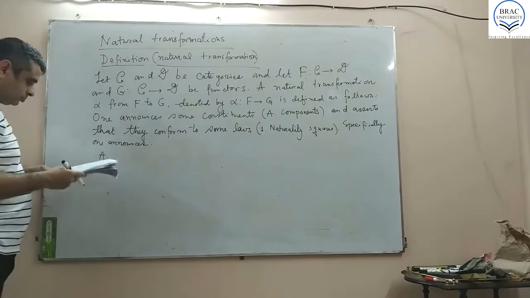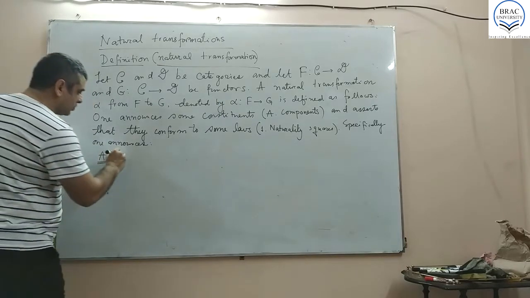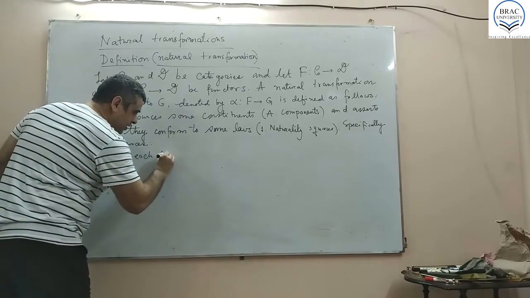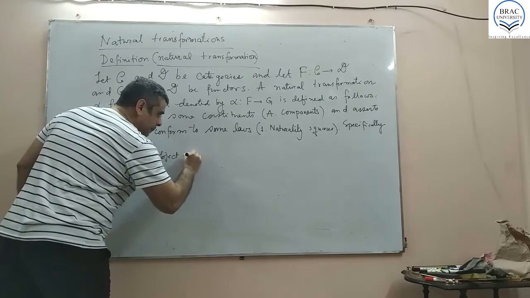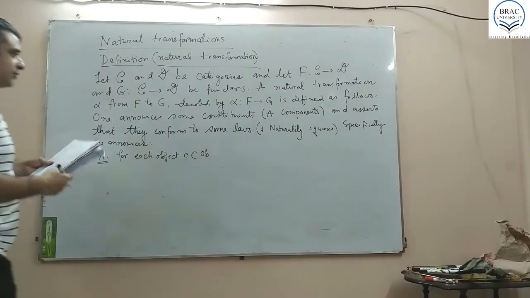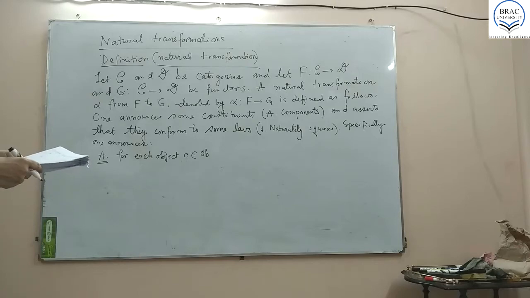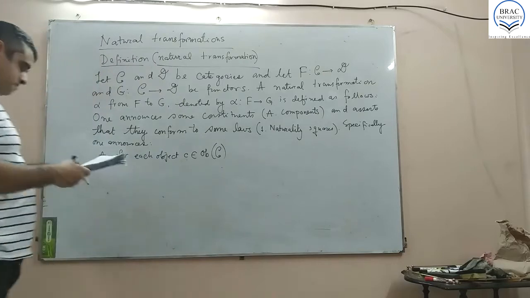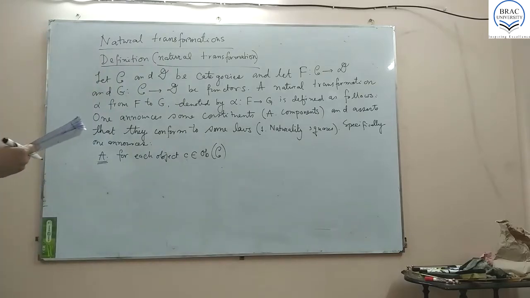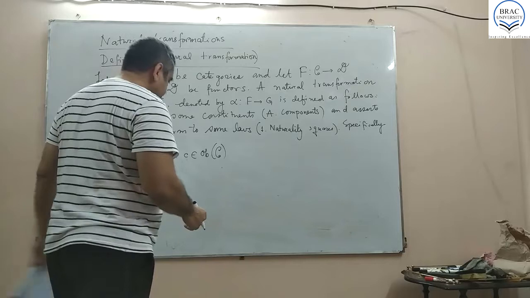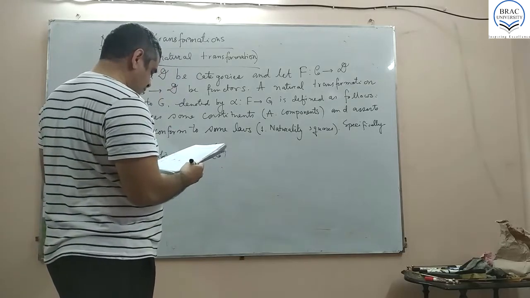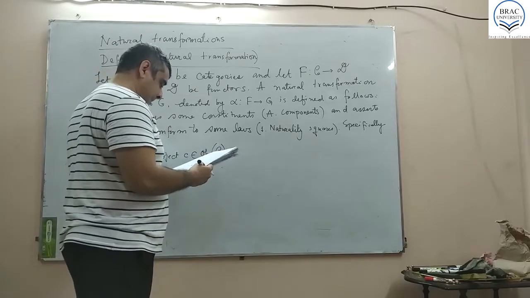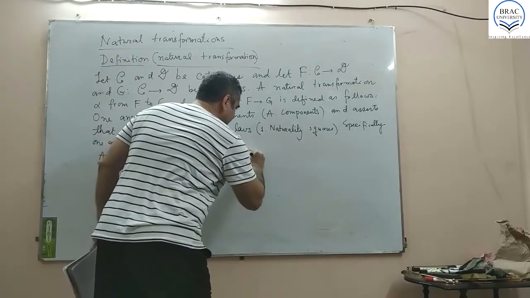So specifically one announces, for each object c in the set of all calligraphic C, a morphism.